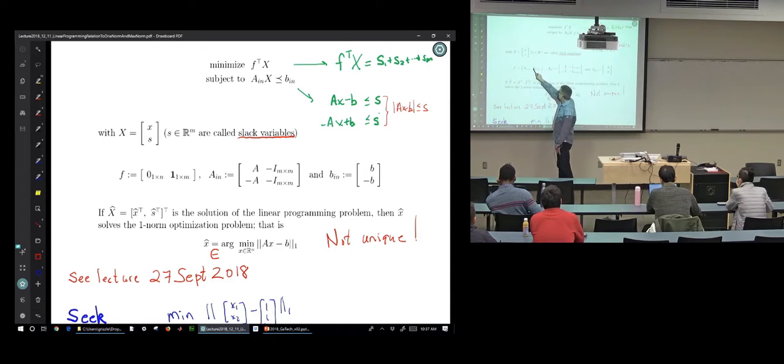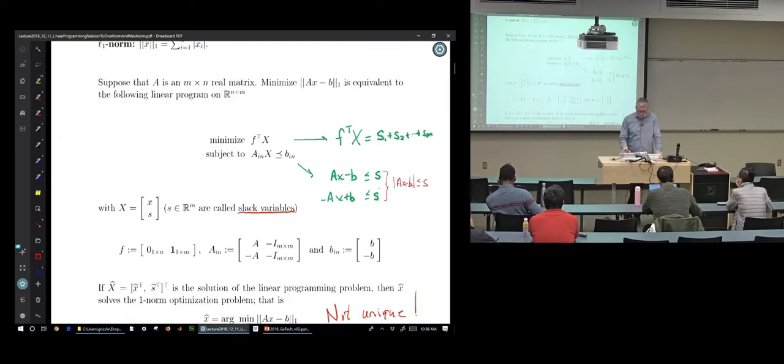This 1 is just 1s in all of the entries, and so F times XS is just the sum of S1, S2, through Sn, so it's the 1 norm of the vector S. And then the inequalities we're setting up are simply writing down the absolute value here, but doing it in a linear way by having the plus and the minus of each row here. And that's what these give you. And so you have the solution of this by solving a linear program.